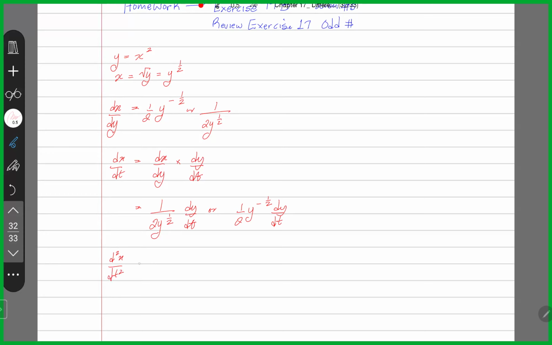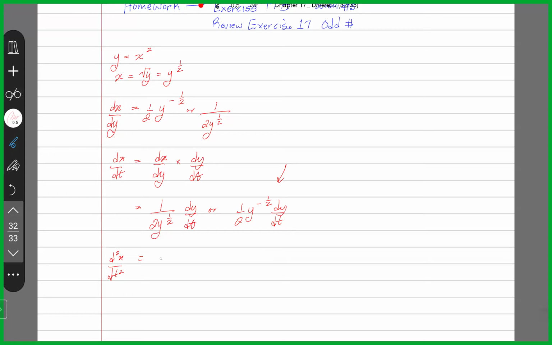So of course, I'm going to differentiate dx by dt one more time with respect to t. This is a product derivative.